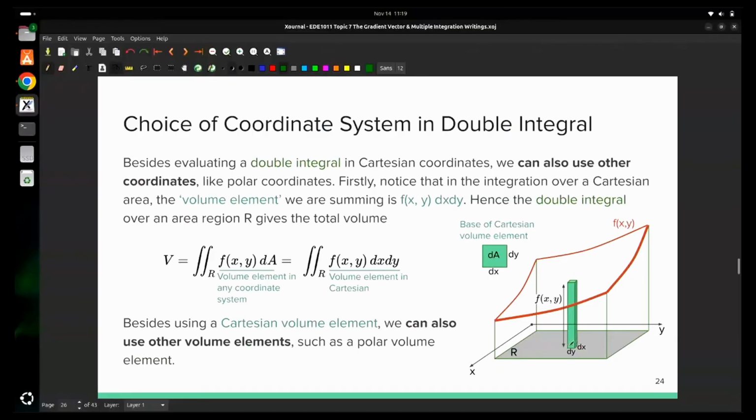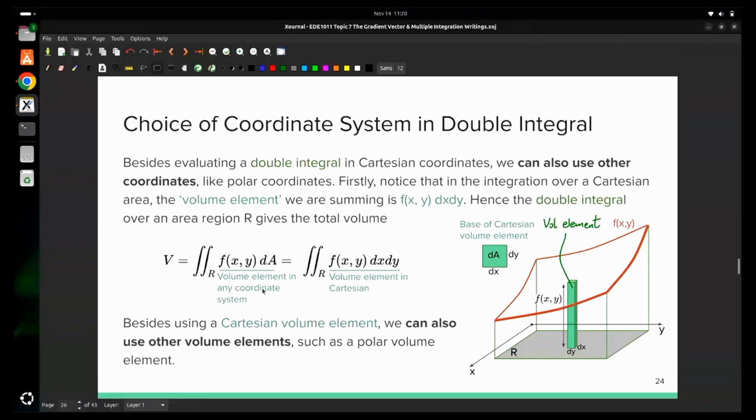You take the area here, multiply by the height, which is f of x, y, and you get the infinitesimal volume. In this case we call it a volume element, because if you sum up the volumes of all elements, you get the total volume. This is just some jargon, but it's useful for defining other elements.